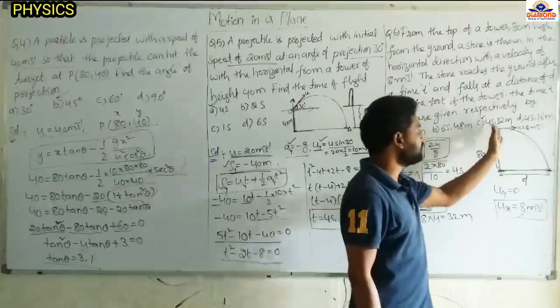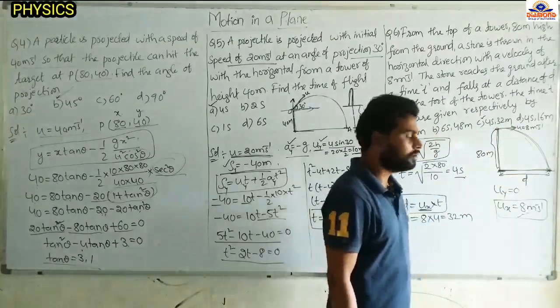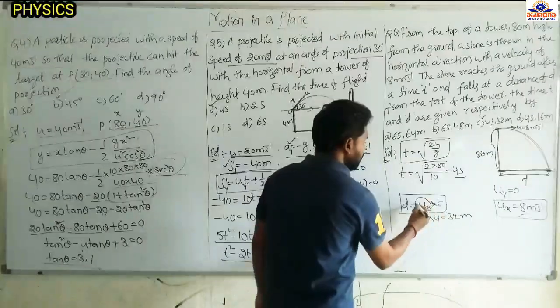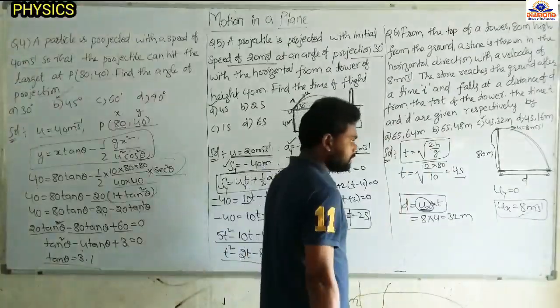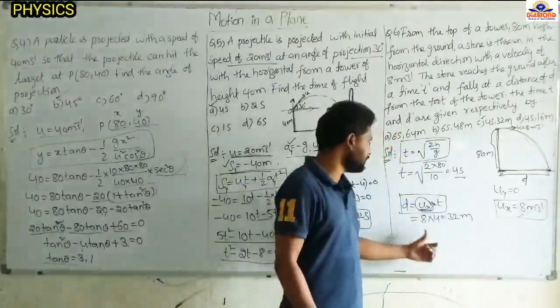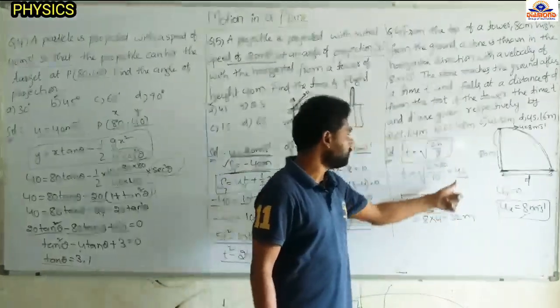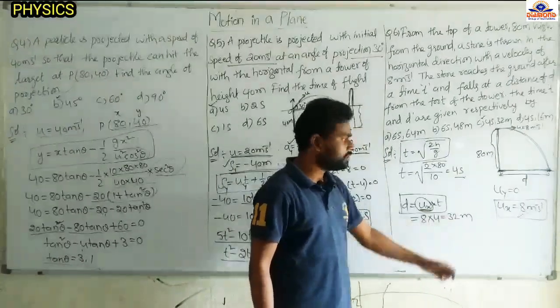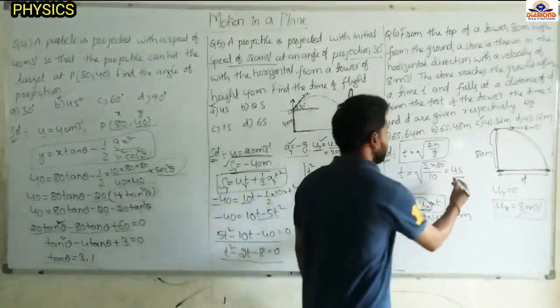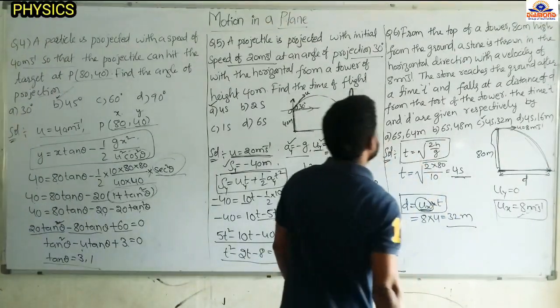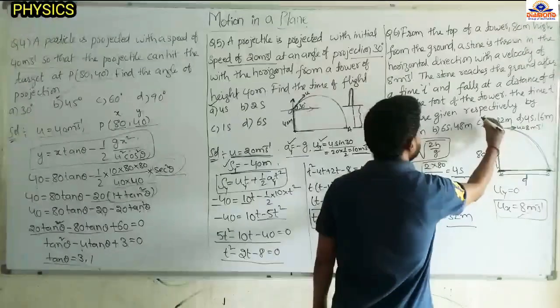So how much time it is taking from the projected point to the ground. In the horizontal direction, velocity is constant, given as 8 meter per second, and the time of flight, the time taken by the particle to reach the ground, is 4 seconds, we found already. 8 into 4 is 32 meters. So now the time period is 4 seconds and the distance is 32 meters. So C option is the right answer.